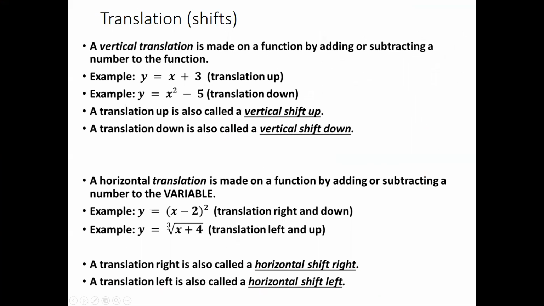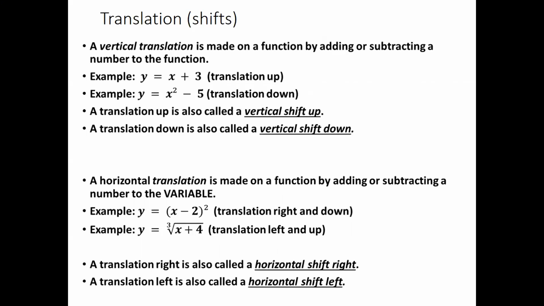So we're going to talk about translations or shifts. We normally just say the graph's been shifted. There are 2 ways you can make shifts: vertical shifts or horizontal shifts. First we're going to talk about vertical. A vertical translation or shift is made on a function by adding or subtracting a number to the function.